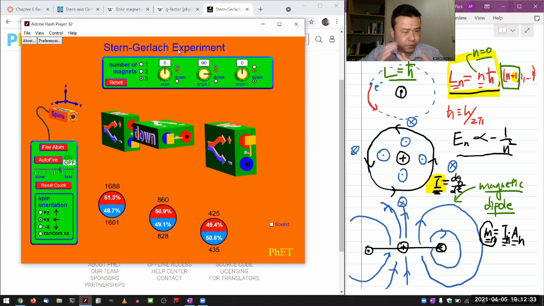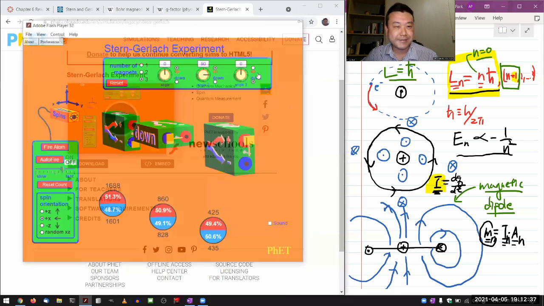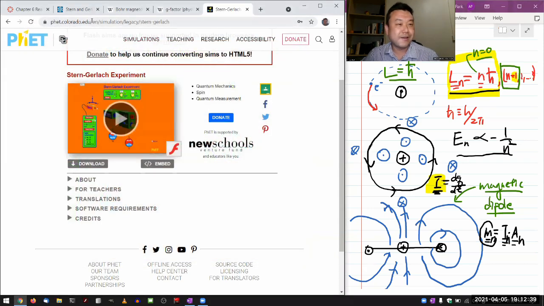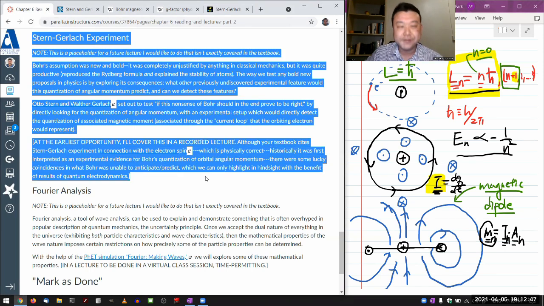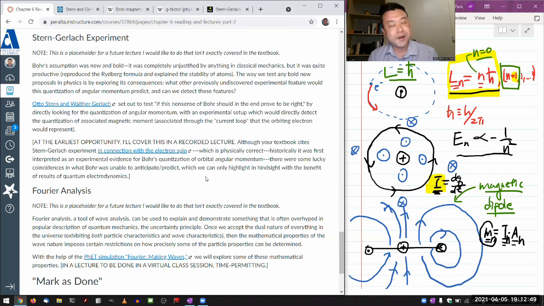I'll find an opportunity to bring this in because it's a little bit outside of our curriculum proper. So I'll bring that back. But what we went over today is the historical introduction of the Stern-Gerlach experiment, which was interpreted as giving support to the Bohr model. Once we understand the quantum mechanics better, it turns out it mistakenly appears to support the Bohr model.